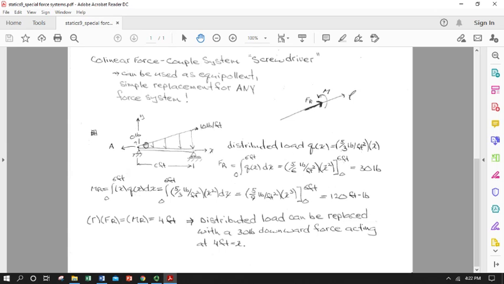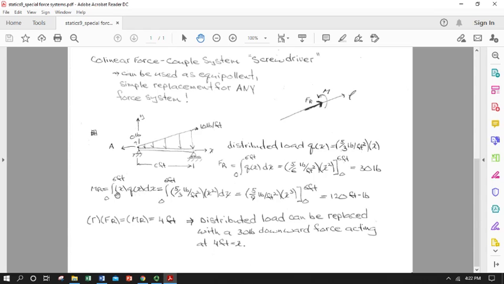So if I were to take the moment of this distributed load around, say, the origin, pretty easy to do, then I could basically use my definition of moment with a perpendicular system, and I would know how far out from point A I would have to place that F sub r, the force resultant, to get the same torque, the same moment about point A. So the way we calculate moment for a distributed function is to take our distributed load times the distance at which it's being applied.